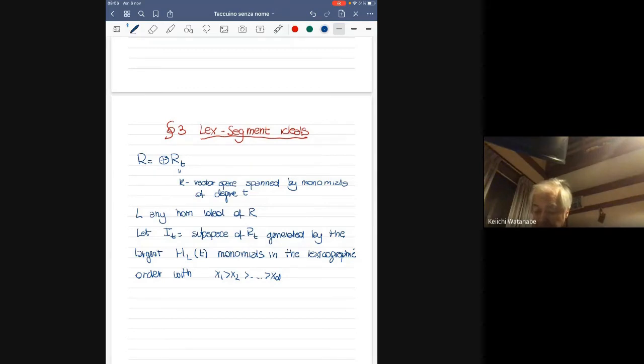And then you set I to be this ideal. Actually, it's not an ideal in theory, but it turns out to be an ideal, and it's called a lex segment ideal.